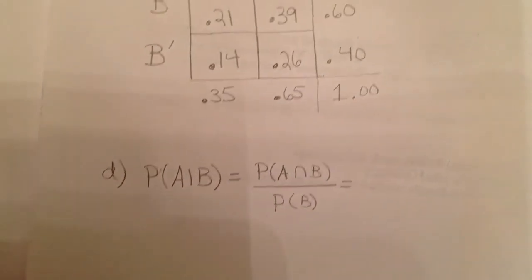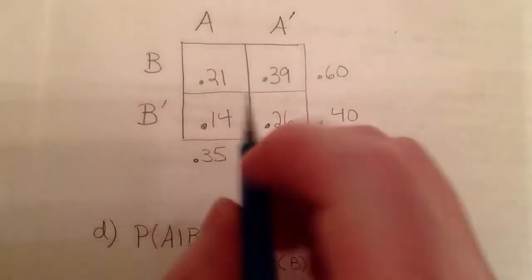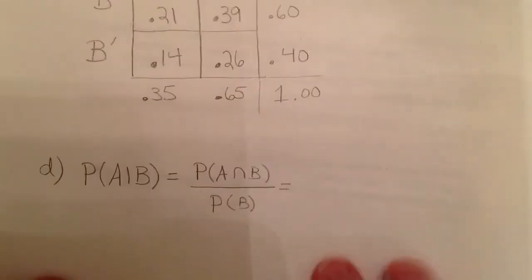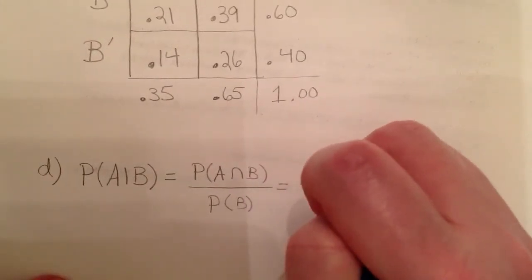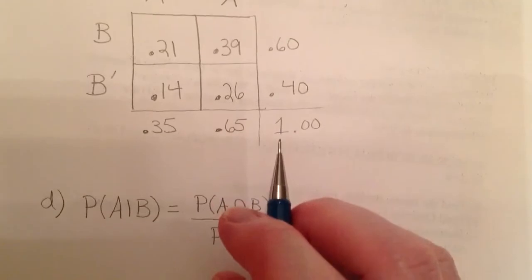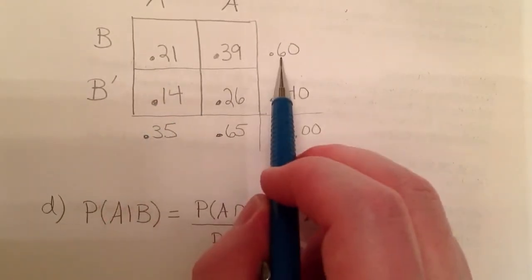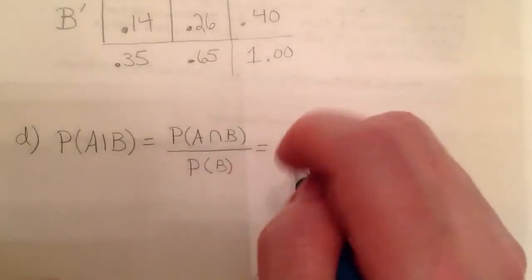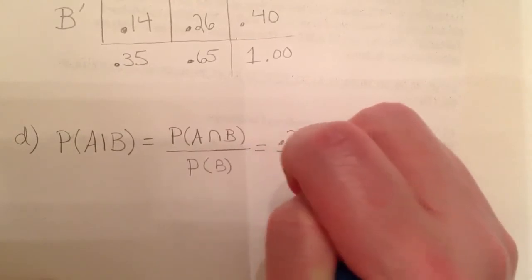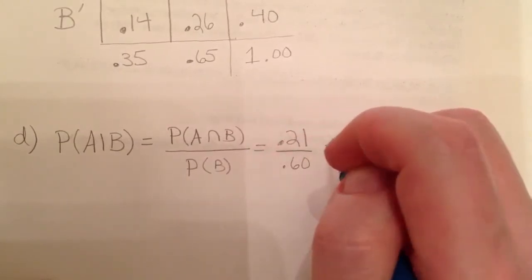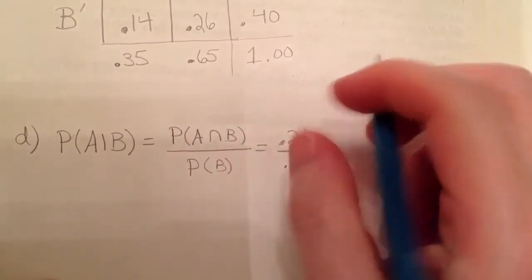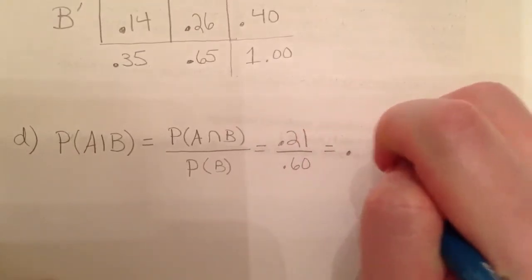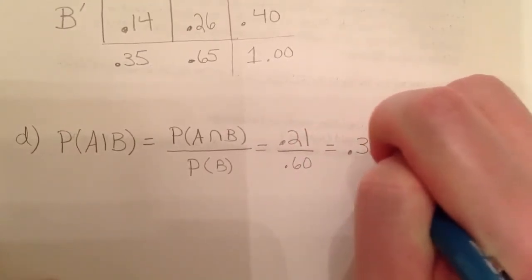For both A and B happening, we have 0.21. Probability that B occurs, we have at 0.60. And so 0.21 over 0.60 ends up at 0.35.